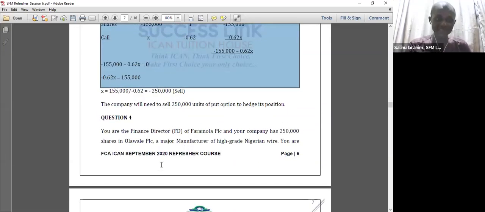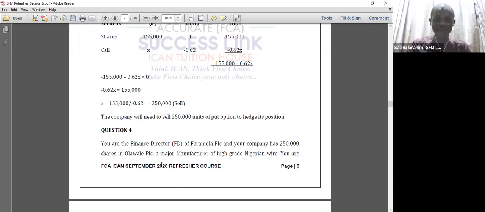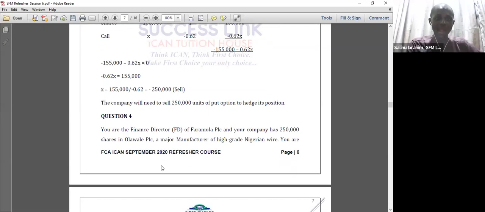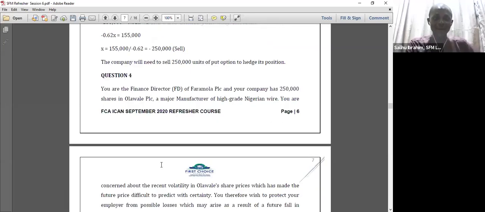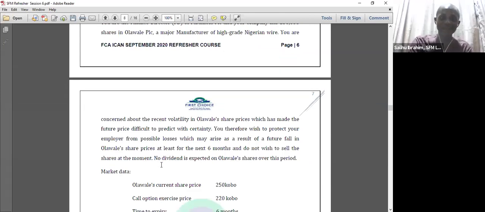You are the finance director, FD of Faramola PSC, and your company has 250,000 shares in Olawale PSC, a major manufacturer of high-grade Nigerian wire. You are concerned about the recent volatility in Olawale's share price, which has made the future price difficult to predict with certainty.